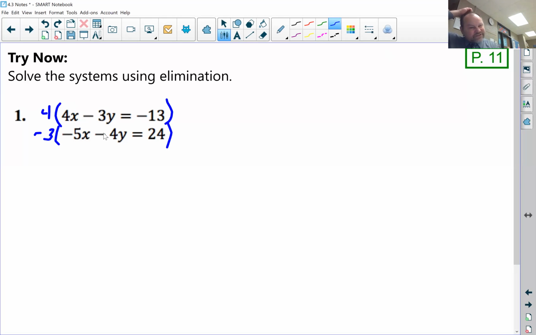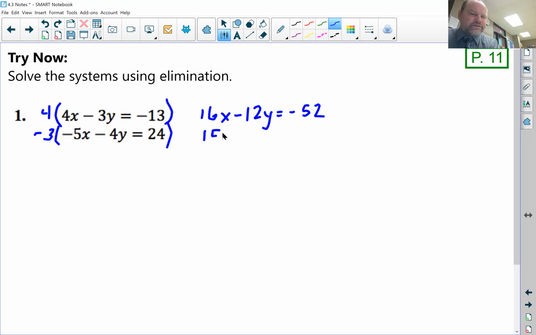Because the y's have the same coefficient, I need to multiply one by a positive value and the other by a negative value. So 16x minus 12y equals negative 52, and 15x plus 12y equals negative 72.